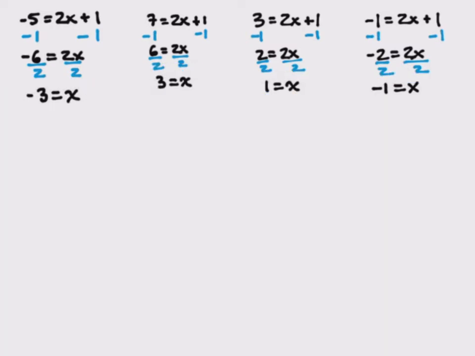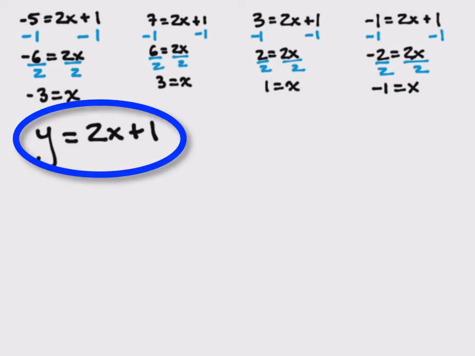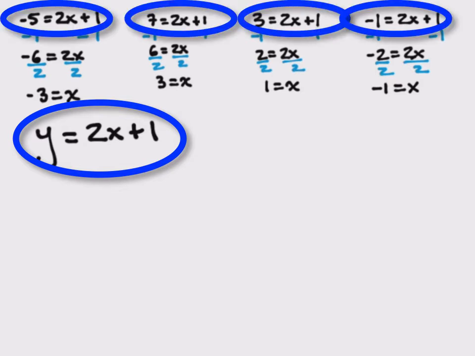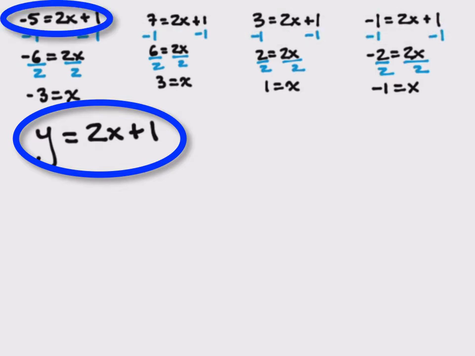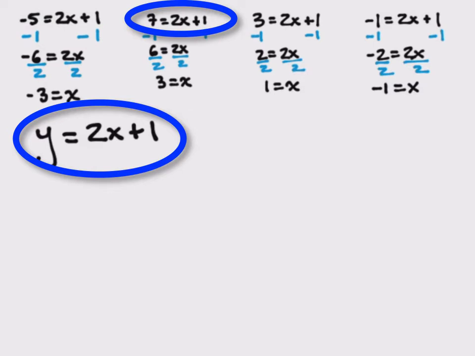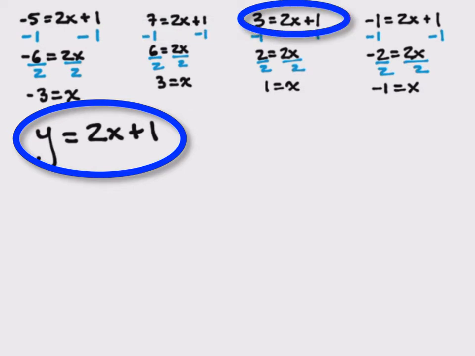Now we're going to be dealing with equations having two variables in them, such as y equals 2x plus 1. Now notice how similar this equation with two variables is to the four equations we had above. Instead of negative 5 equals 2x plus 1, or 7 equals 2x plus 1, or 3 equals 2x plus 1, or negative 1 equals 2x plus 1, we now have y equals 2x plus 1.